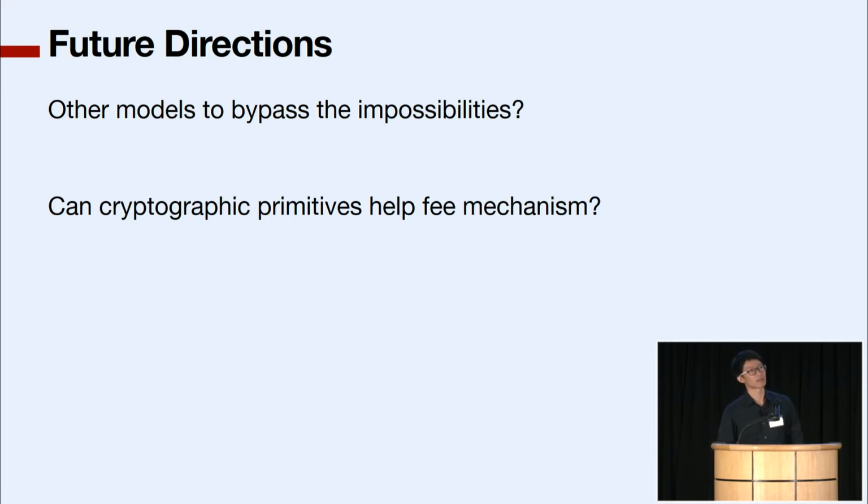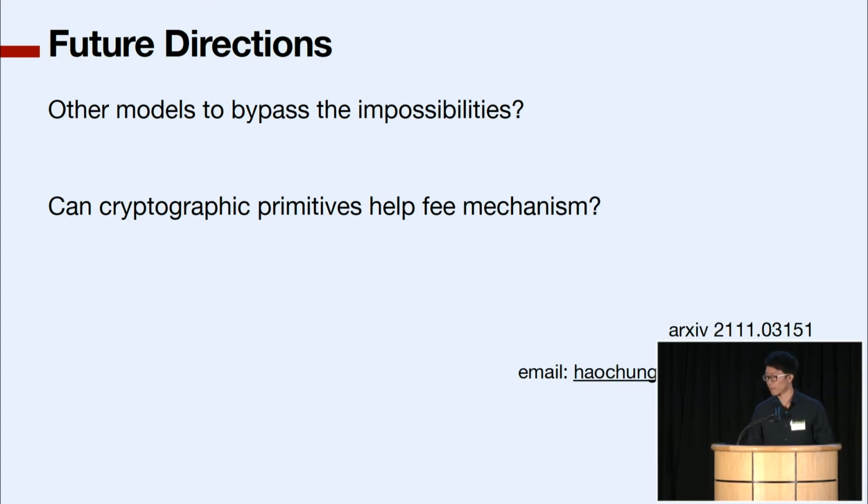And the second question is, I found that mechanism design on blockchains is very interesting because it lies at the intersection of cryptography and game theory. So maybe we can use some cryptography primitives to help us bypass the impossibilities. Okay, so here's my talk, and you can find our paper on arXiv. Thank you so much.